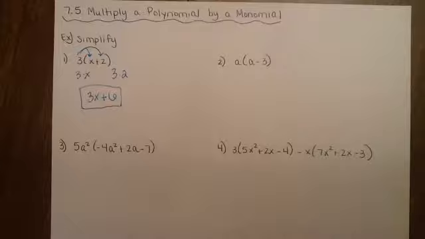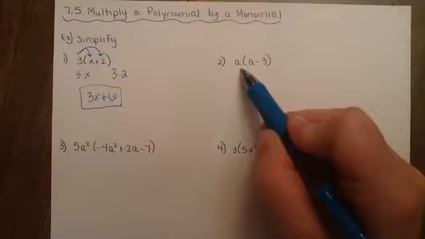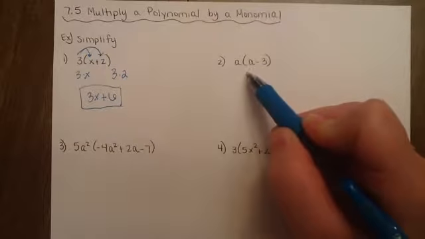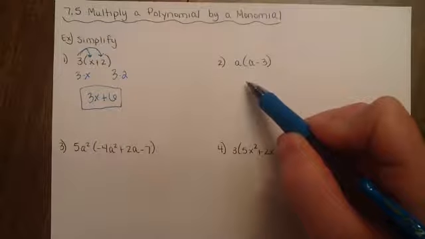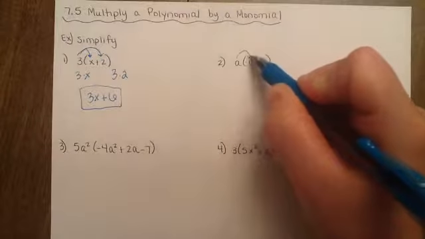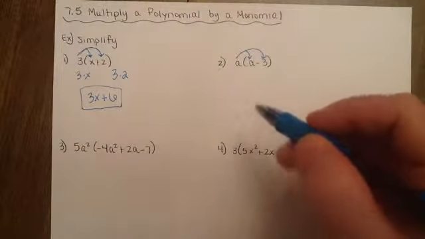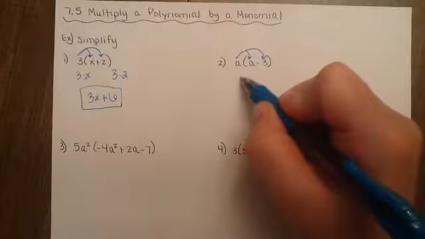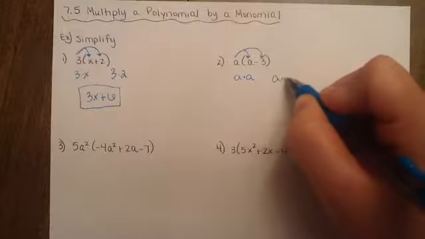We're going to use that idea of the distributive property for the next couple of examples. So here, I have a times, in parentheses, a minus 3. What term is going to be distributed? The one out front, a. So I'm going to do a times a and a times negative 3.